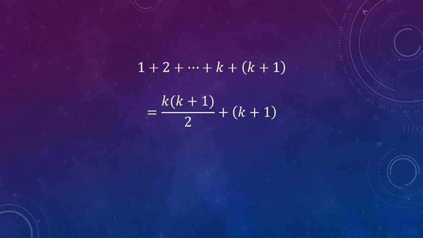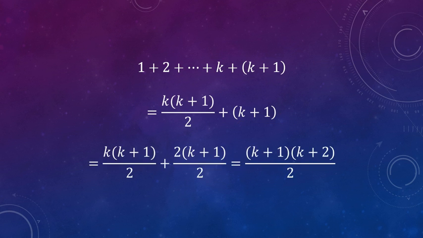I'm going to take all of this and turn it into one fraction. I'm going to make this a fraction with the same bottom. So I'm going to multiply this guy by a 2 over 2. And when I do that, I get k times k plus 1 over 2 plus 2 times k plus 1 over 2.